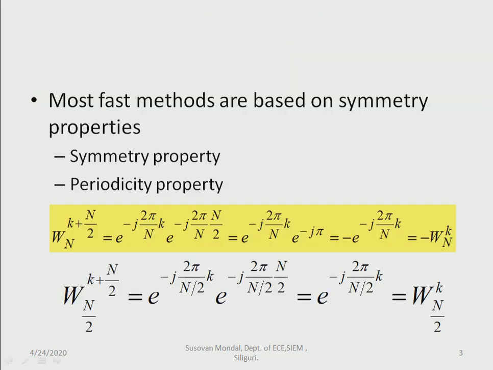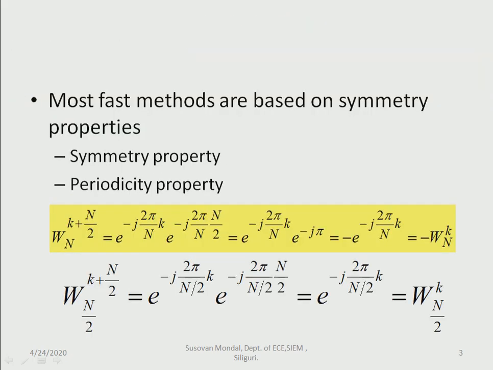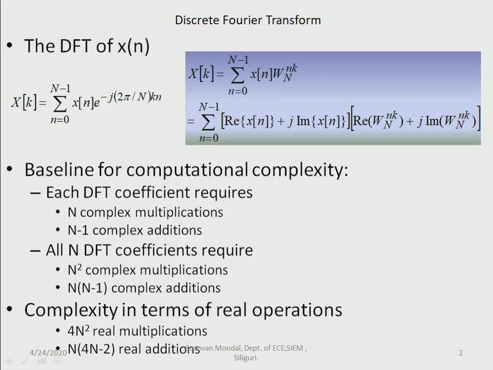So what is the twiddle factor? This e to the power minus j 2 pi by capital N is basically called twiddle factor, which we term as W of N. So this is twiddle factor.